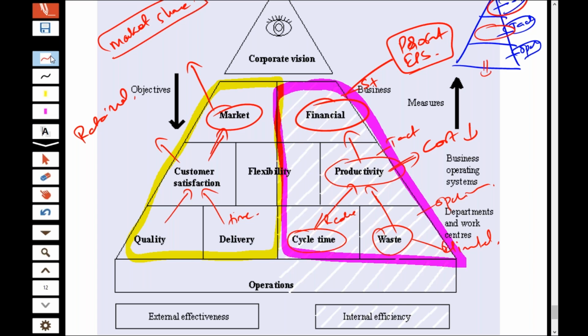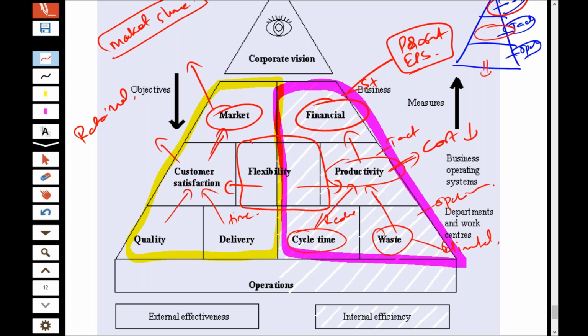Now, a very important thing. When we talk about this financial objective and market objective, there comes something called flexibility. We have already studied that flexibility is the responsiveness to change, the speed of delivery, and adaptability to change. So the flexibility needs to be available on both sides, whether on the productivity side or on the customer side.